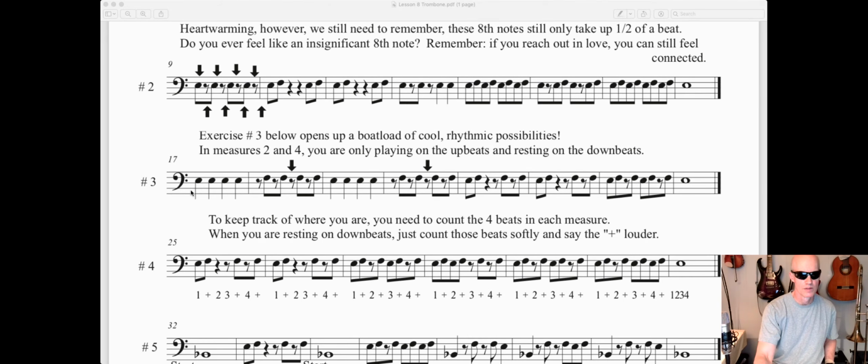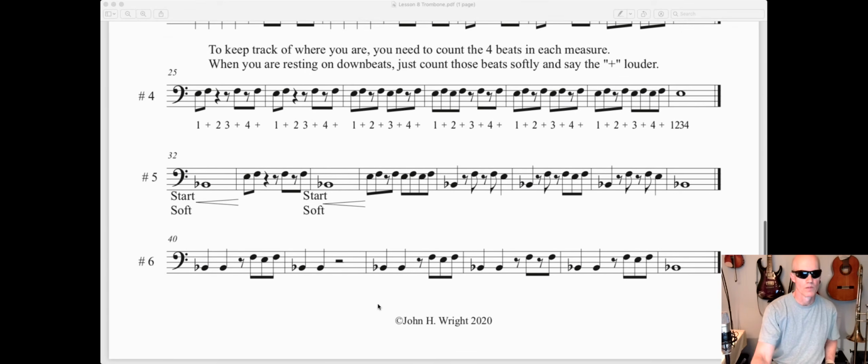Exercise number 3. 1, 2, ready, go. Exercise number 4. 1, 2, ready, go.